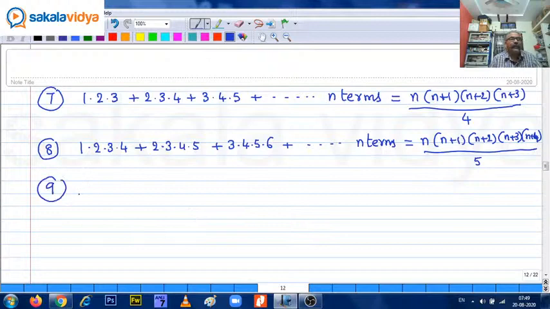This is very important. 1 square minus 2 square, this is called an alternating series, plus 3 square minus 4 square plus 5 square minus 6 square plus and so on, n terms.